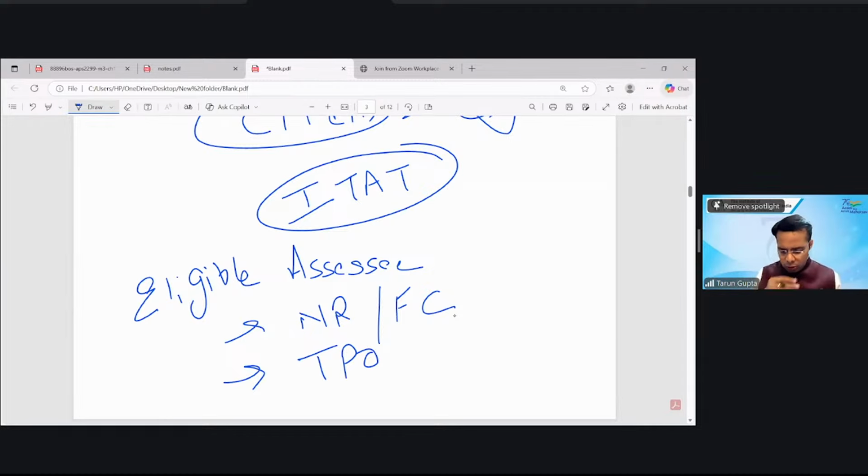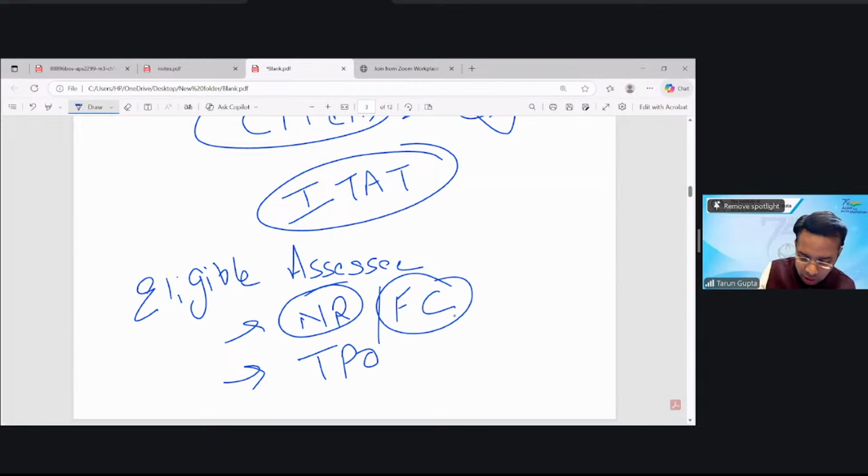So if the assessee is non-resident or a foreign company, then he is an eligible assessee. He has the option to either go to the CIT appeal or to the DRP. DRP is not mandatory. The assessee has an option. The foreign company can appeal to the CIT appeal and not to the DRP. But this is an option.